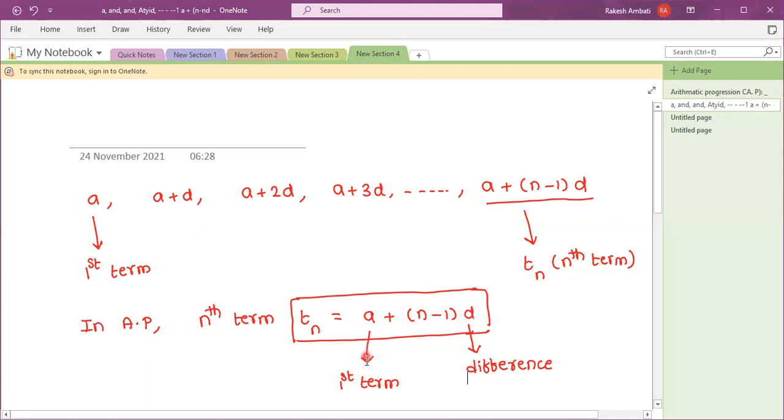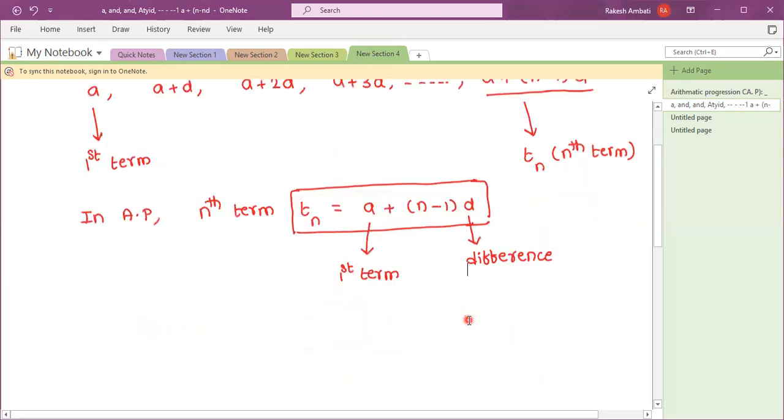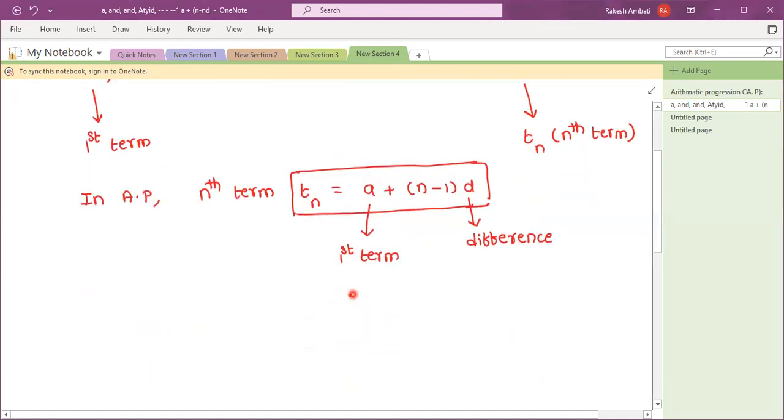In this equation, a means the first term and d means the difference. But how to find the difference in AP?